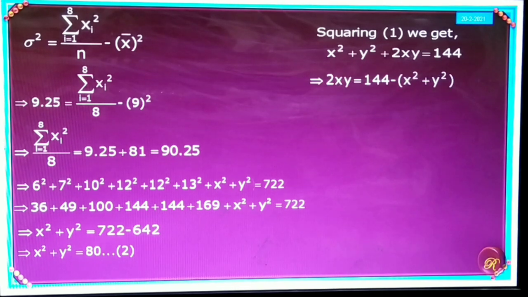This implies 2xy is equal to 144 minus x square plus y square, implies 2xy is equal to 144 minus 80, from 2, is equal to 64. Say number 3.